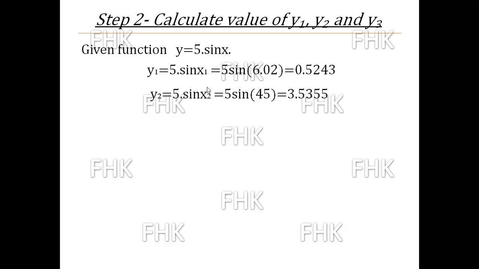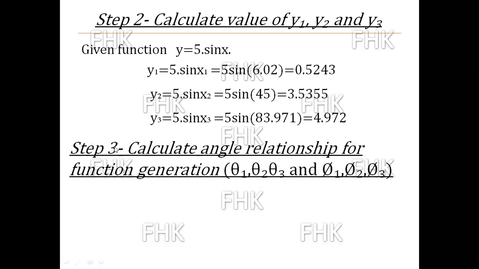Putting the value of x2, which is 45 degrees, the value of y2 is 3.5355. And putting the value of x3, which is 83.971 degrees, 5 into sin of this value, I'm getting the value of y3 as 4.972.